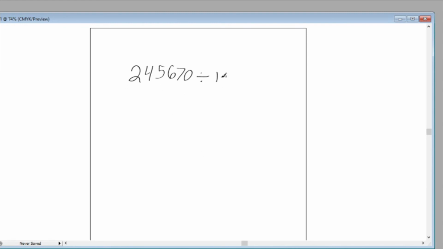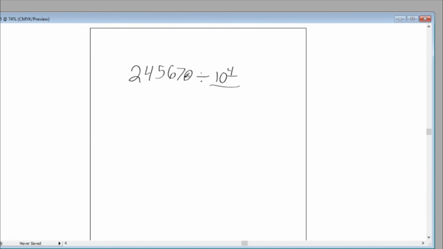So a power of 10 is just what it sounds like, 10 to some power. All this 10 to some power is telling me to do is to move the decimal this many times. And if I'm dividing, I'm going to be moving it to the left. So remember that when we divide, we should end up with a smaller number.